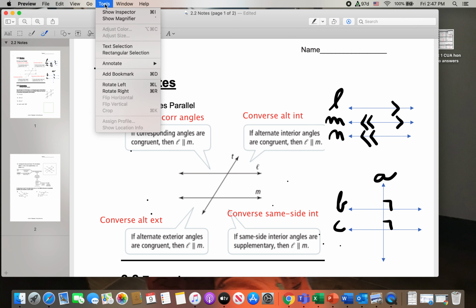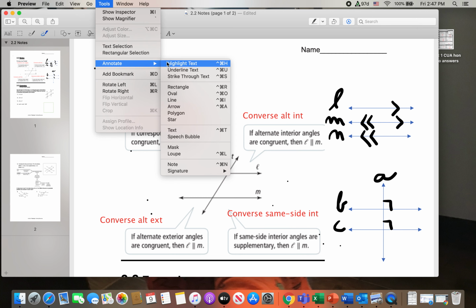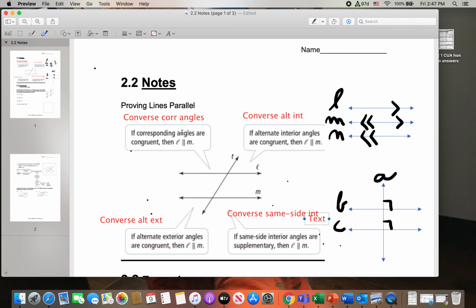Now I can go back to my tools and annotate and text. And so here I'm going to say, if L is parallel to M and M is parallel to N, then what do you think that does?